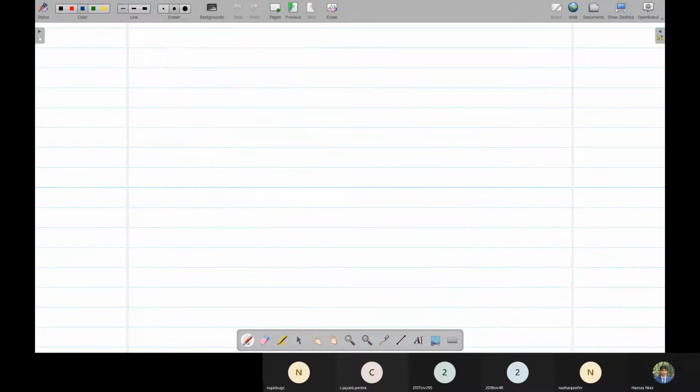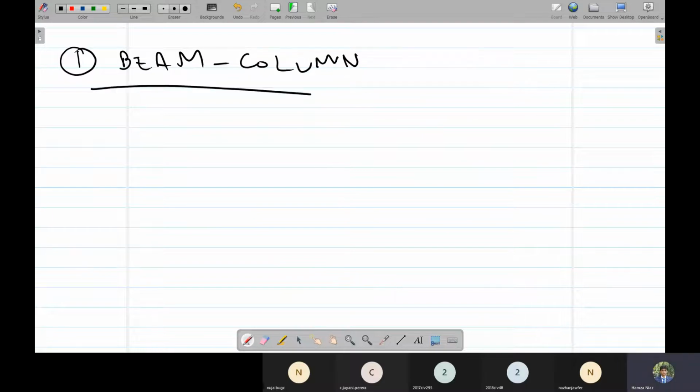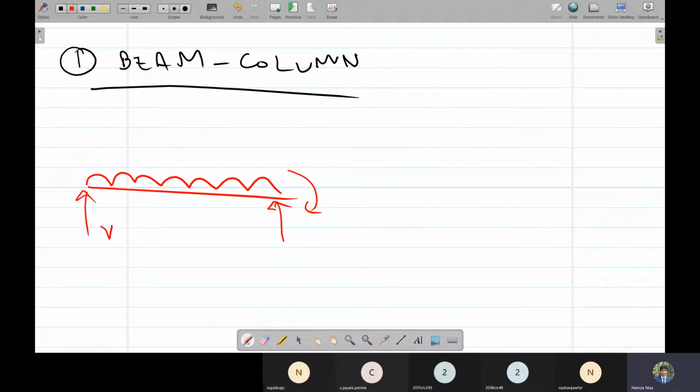Okay. The first is beam column. As its name suggests, it is a combination of beam and column. We know that a simple beam is subjected to, suppose, vertical loading, so it has shear force as well as bending moment.